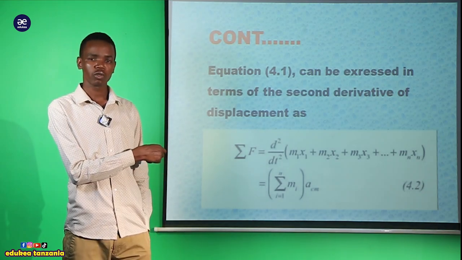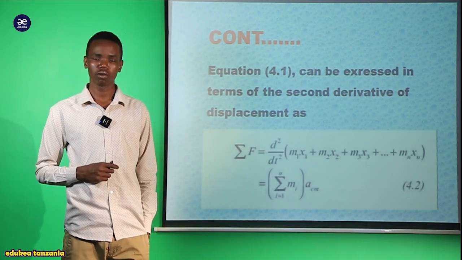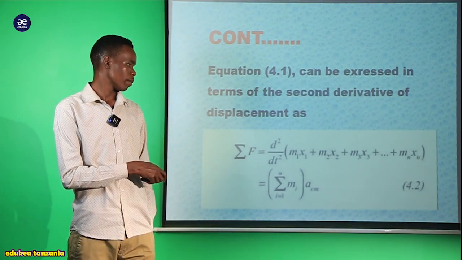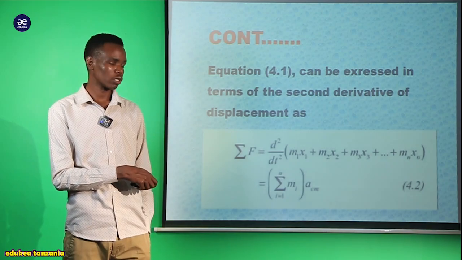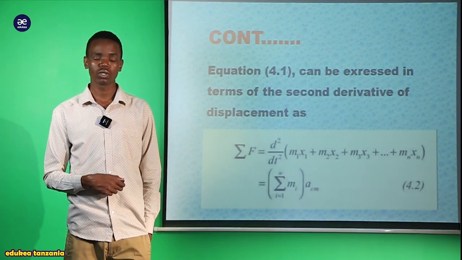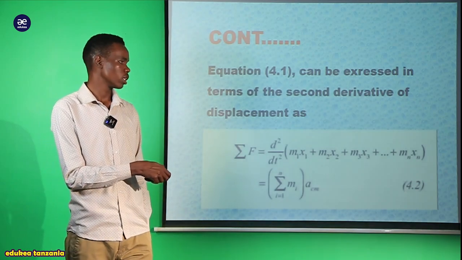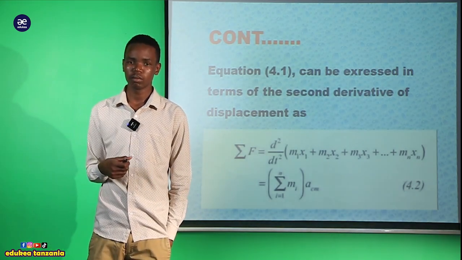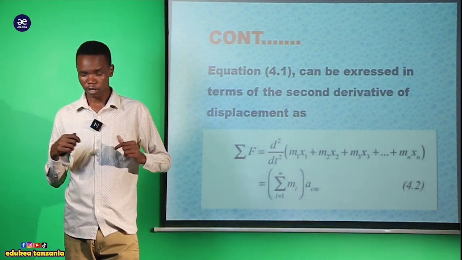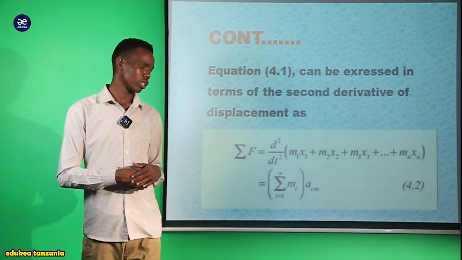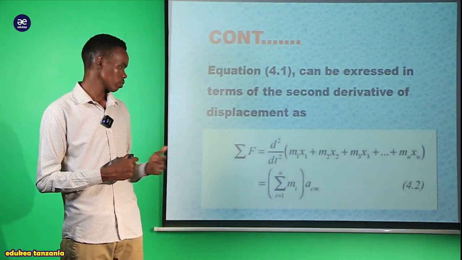Mass 1 times x1, that is what we saw on an irregular shape, plus mass 2 times x2, plus mass 3 times x3, then we add dash, mass n times the distance of the nth term. That is what we tried to observe.